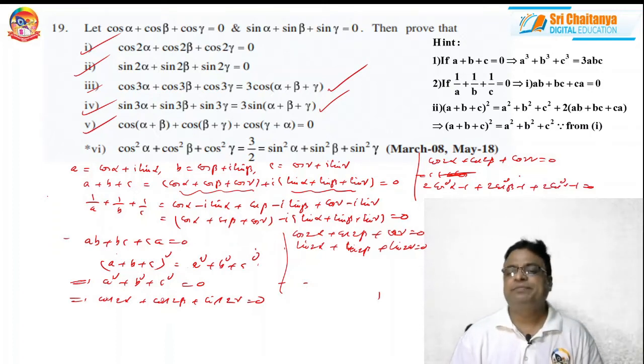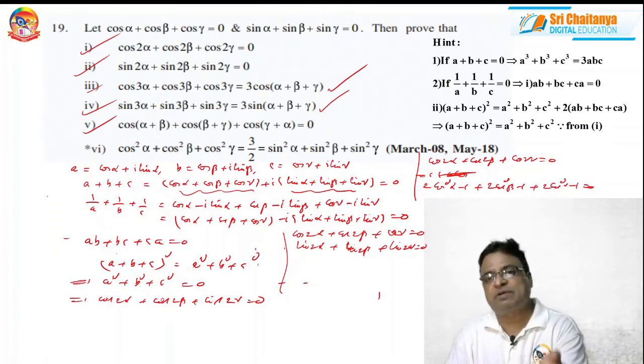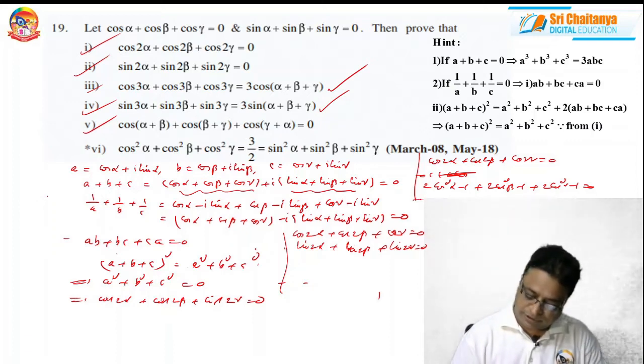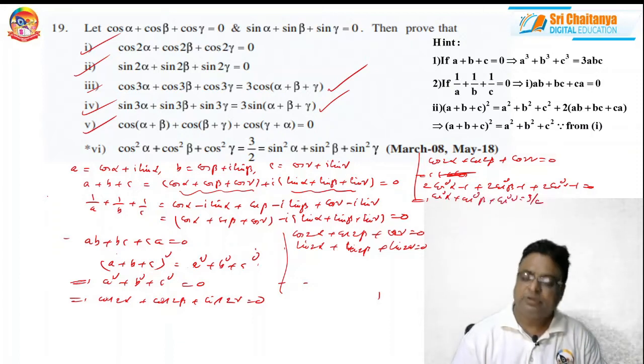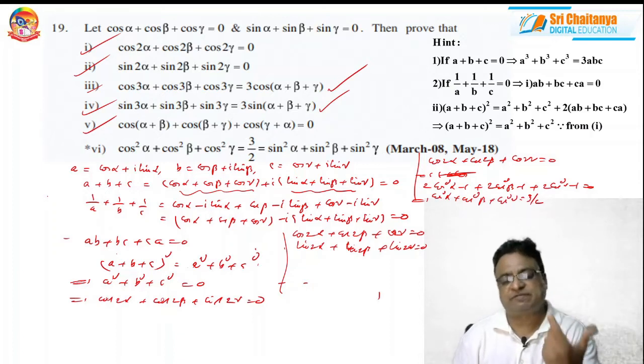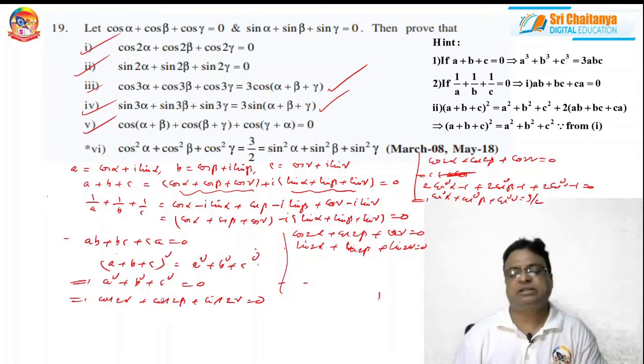You simplify that. Or you can write 1 minus 2 sin square alpha plus 1 minus 2 sin square beta plus 1 minus 2 sin square gamma equals 0. Therefore, this implies cos square alpha plus cos square beta plus cos square gamma equals 3 by 2. If I convert those things in terms of sine, I will get the same 3 by 2. So that is the sixth result.